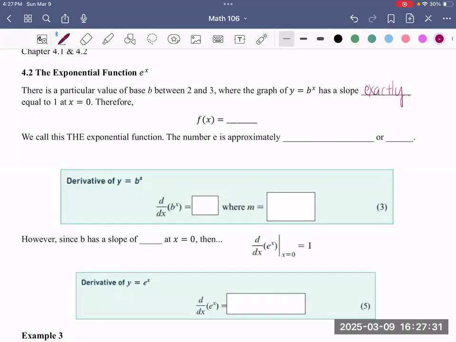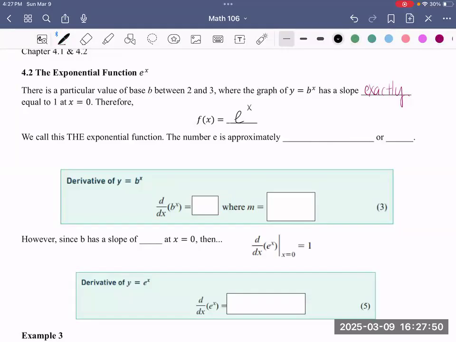As we just covered, if your slope is exactly 1 at x equals 0, this is when we have e to the x.